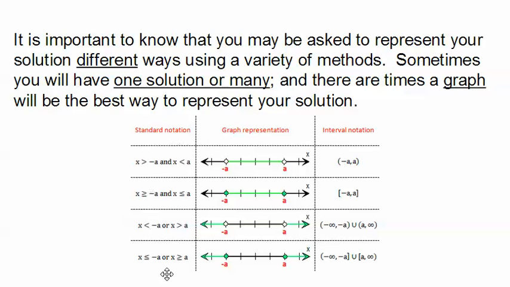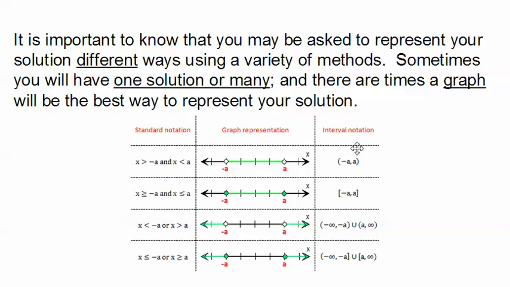We have standard notation where we're using greater than, less than, greater than or equal to, and less than or equal to. Here we're making different statements for a solution. Now we are looking here, graphically representing those solutions. And then here we have interval notation, where we're using rounded brackets and square brackets.